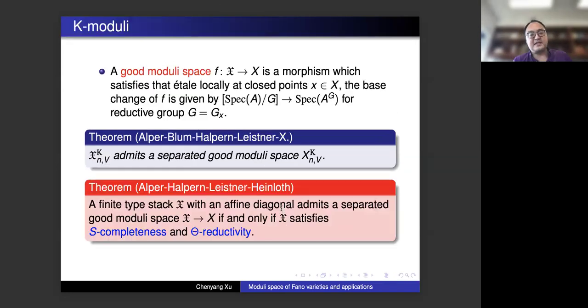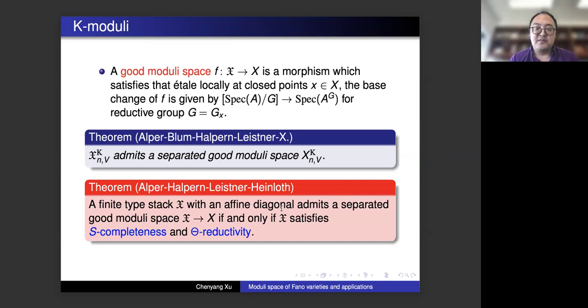So now we have the stack. I want to discuss the good moduli space. I mean, that's actually the more delicate part. I think this notion was first introduced by Jarod Alper.